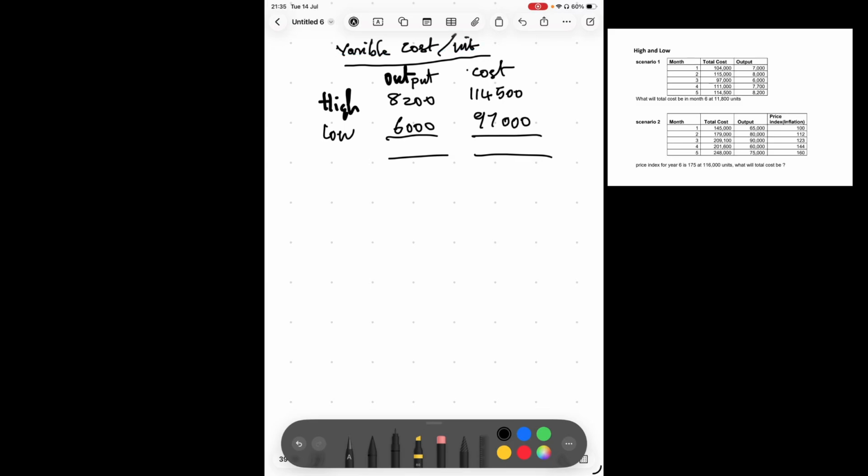Here's my calculator. The difference in output is 2,200, and the difference in cost is 17,500.